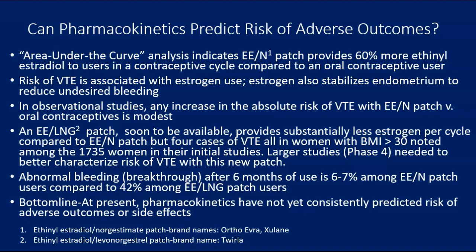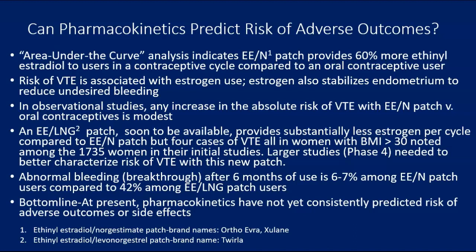Relative to abnormal bleeding, it's of interest that after 6 months of use among the users of the original patch, only 6 to 7% of users had complaints of abnormal or breakthrough bleeding, whereas in the initial studies of the newer patch, the one that has just been approved, 42% of women had complaints of breakthrough bleeding, albeit for short periods of time.